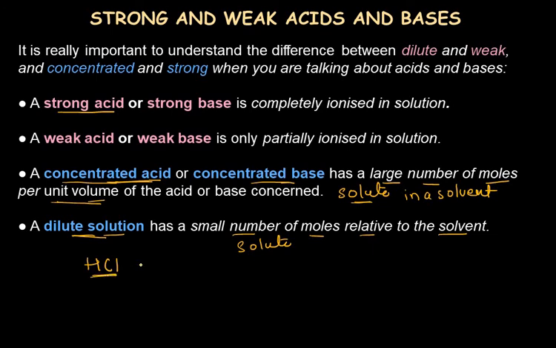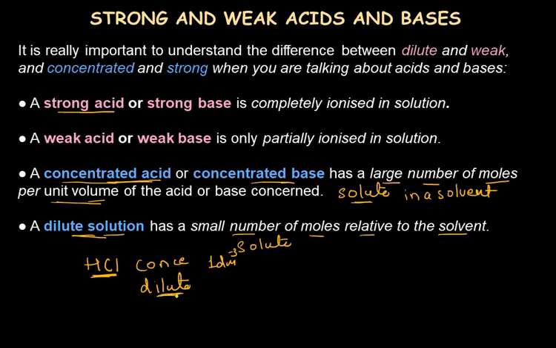This HCl can be concentrated and can be dilute also. If HCl has a great number of moles present in 1 dm cube of water, then it is called concentrated. But only a few molecules of HCl in water will be called a dilute solution.